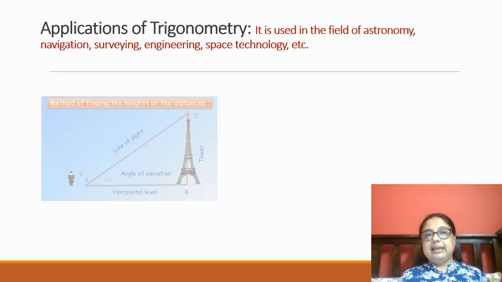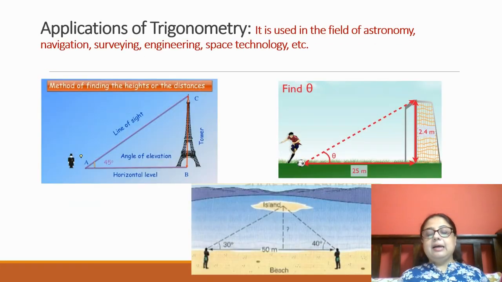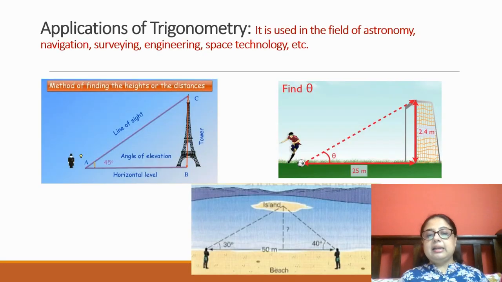Let us consider another example. Here, two fishermen are standing at the seashore, 50 meters apart from each other, and their angles of elevation are 30 degrees and 40 degrees. If we find the length of the hypotenuse, and then find the perpendicular height, we can find the distance between the seashore and the island.